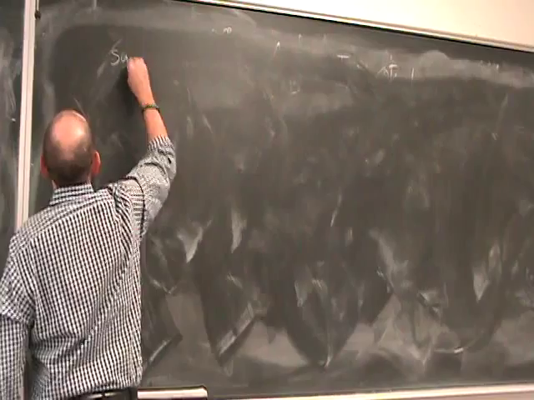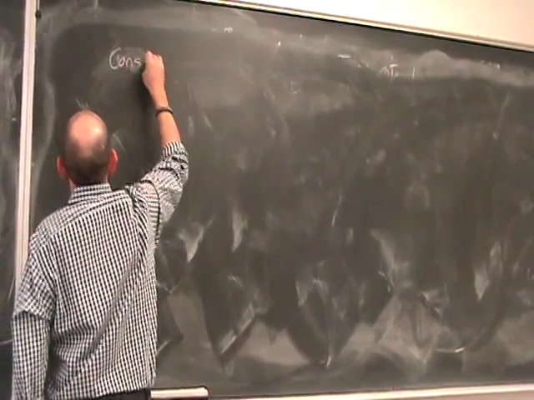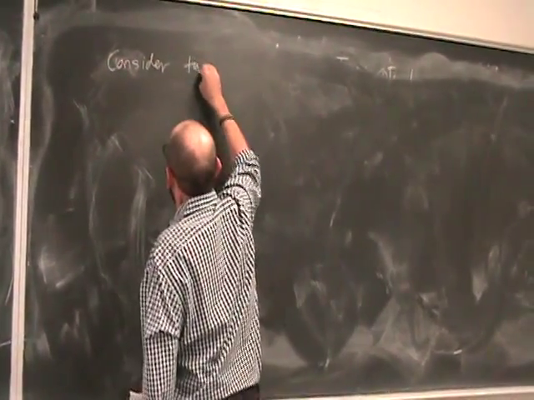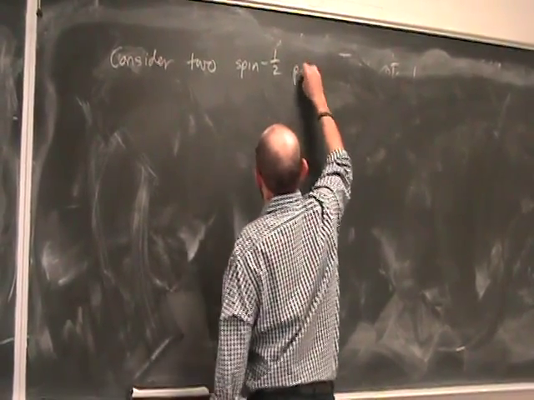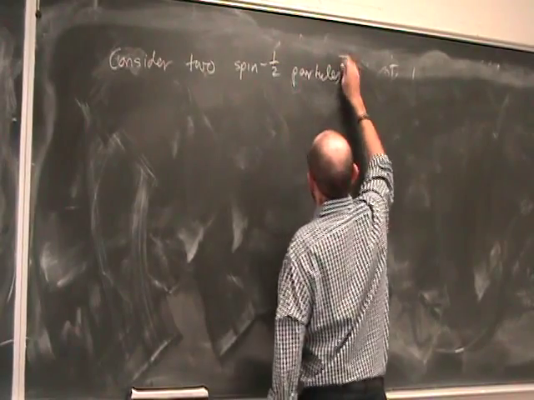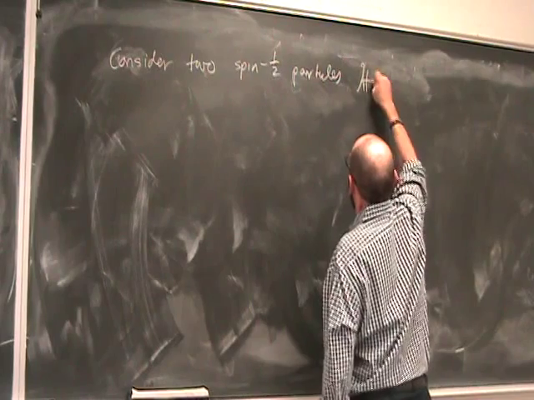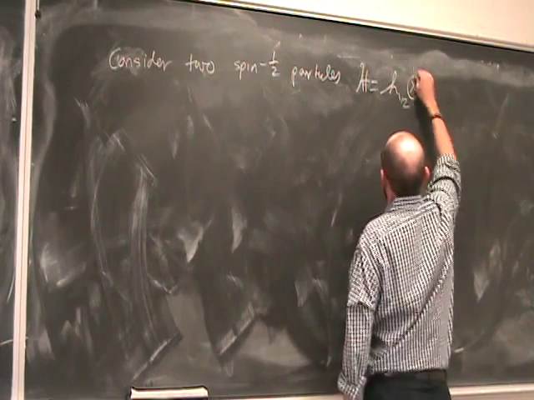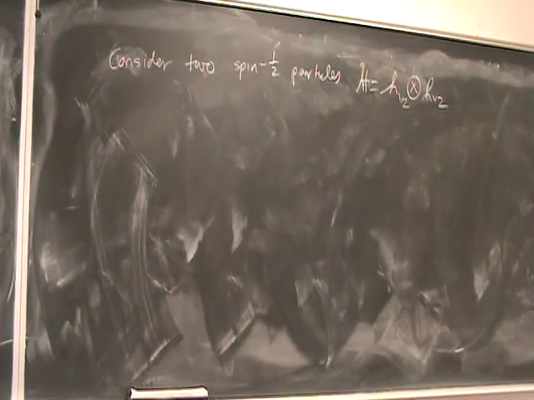Let's consider two spin 1/2 particles. So my joint Hilbert space is the tensor product space of two spin 1/2 particles.